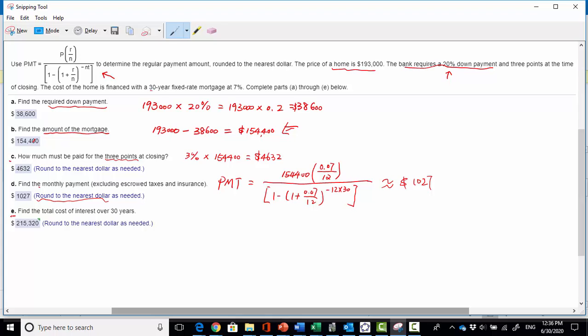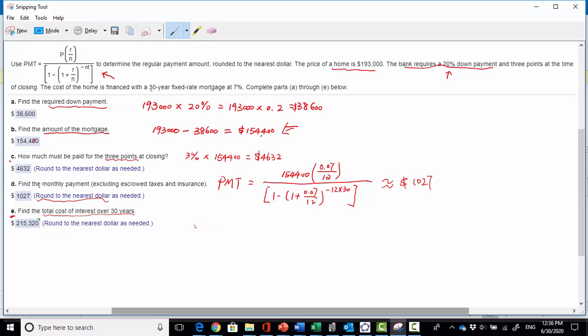Now let's take a look at Part E. In Part E, we need to find the total cost of interest over 30 years. When it comes to the interest of a loan, you have to think about how much is being borrowed and how much is being paid back.